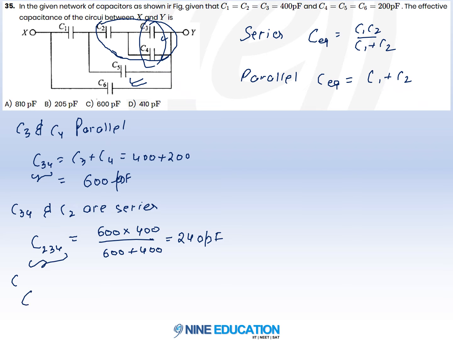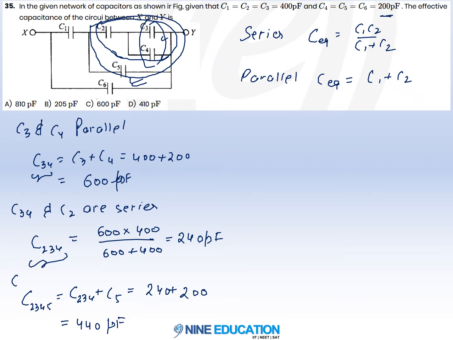So our C2345 becomes C234 plus C5. So simply 240 plus C5, how much? C5 is 200. So what we are getting? 440 picofarad. Now this entire combination is in series combination with C1.